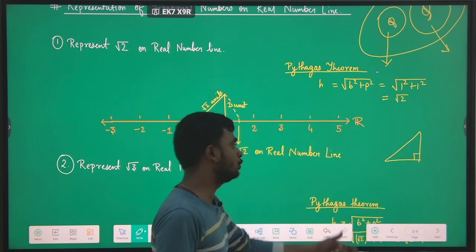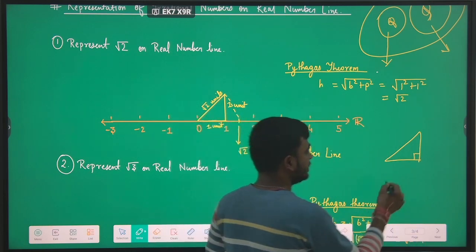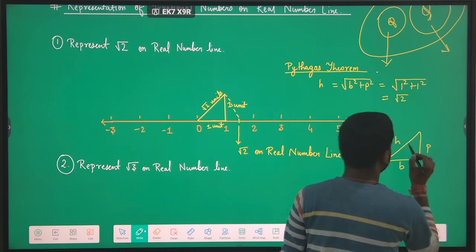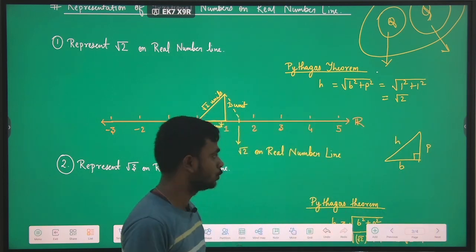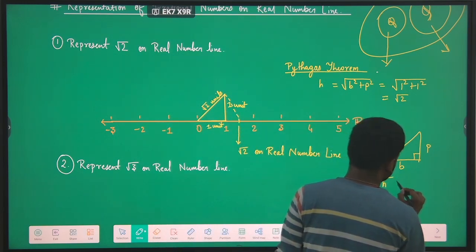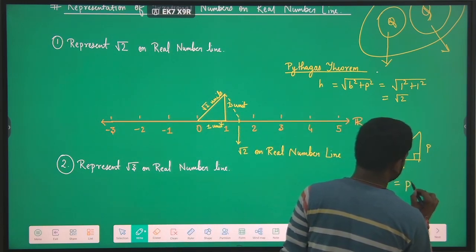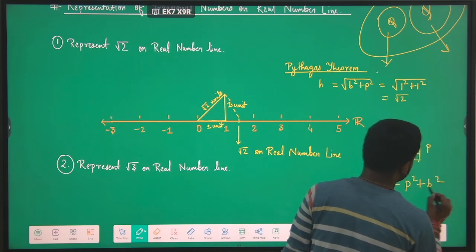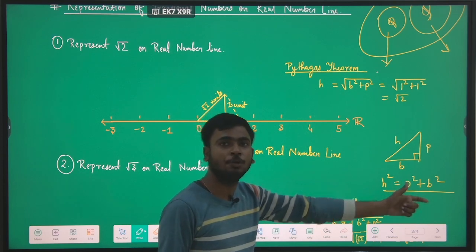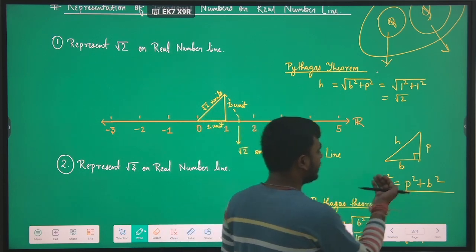For this right angle triangle, this will be the base, this will be the perpendicular, and this will be the hypotenuse. So for this triangle, by the Pythagoras theorem, h square is equal to p square plus b square. What does it mean?